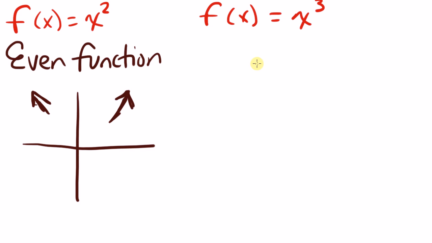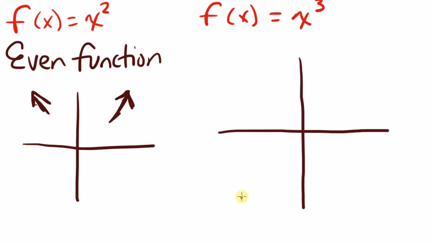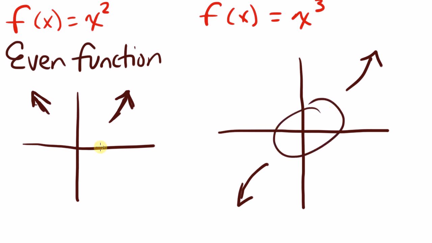All of these functions are going to come from, we're going to go down here and up here. What happens in the middle, I really don't care about. Not yet. I just wanted you guys to get the basic idea that parabolas are even functions, and these are odd functions.